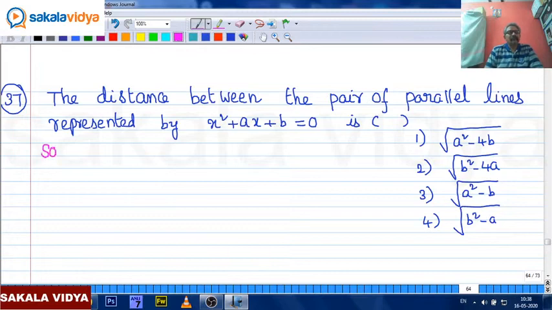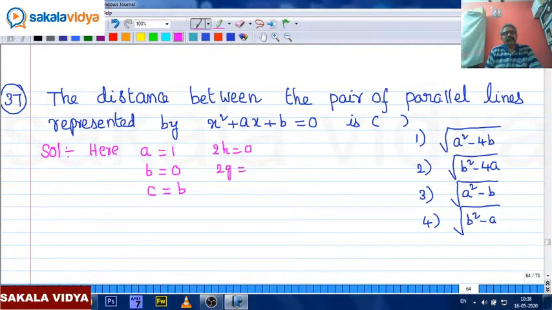Solution. Here a equals to 1. There is no y square coefficient. B is equal to 0. C is equal to b. And 2h is equal to 0. And next 2g equals to a. 2f equal to 0.